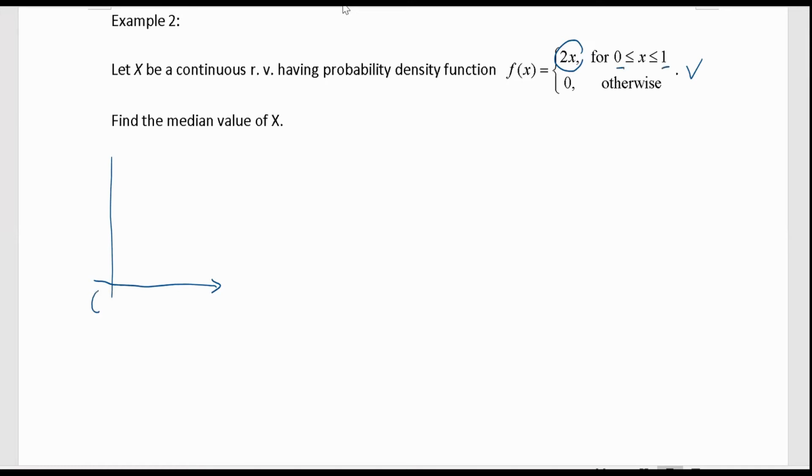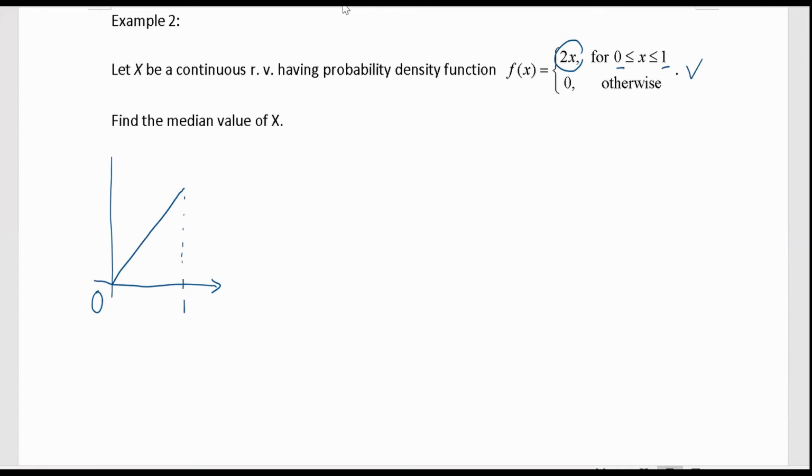The straight line graph will cut through 0 and has a gradient of 2, and we will stop at 1. This is the PDF sketch, and we are trying to find the median.